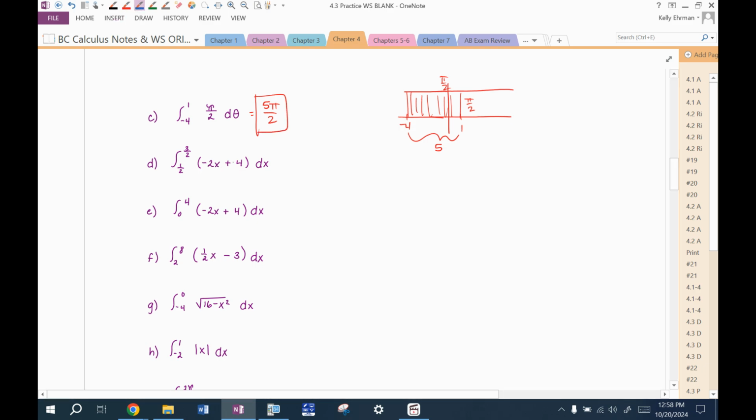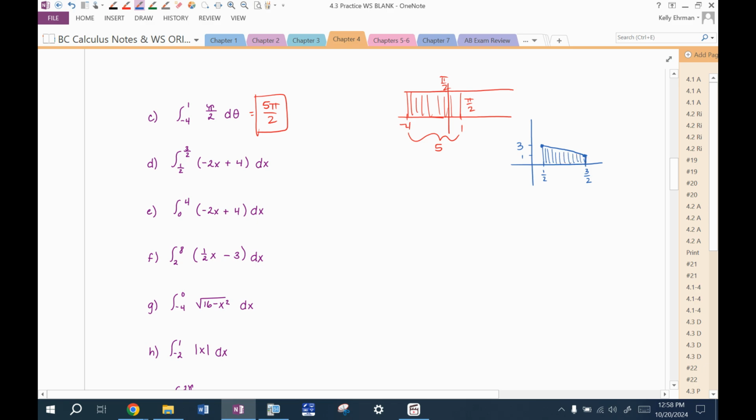For this next one, we have a line. We're going from 1/2 to 3/2. So when we plug in 1/2 into negative 2x plus 4, that becomes negative 1 plus 4, so 3. And when we plug in 3 over 2 times negative 2, I get negative 3 plus 4, so that's 1. You have a line like that, which forms a trapezoid, the area underneath here.